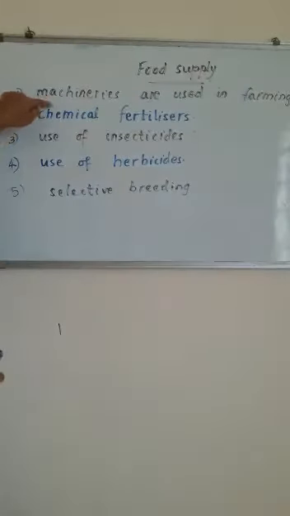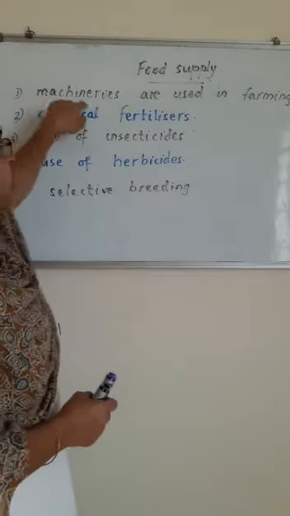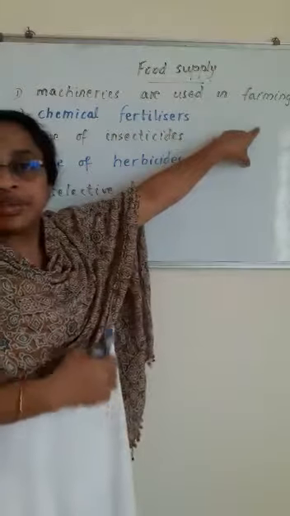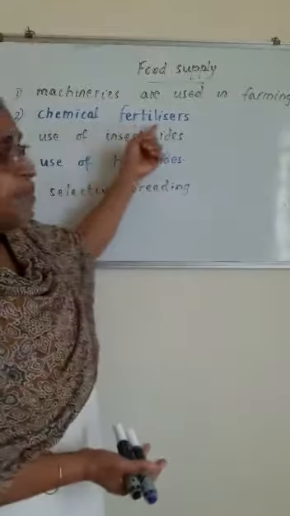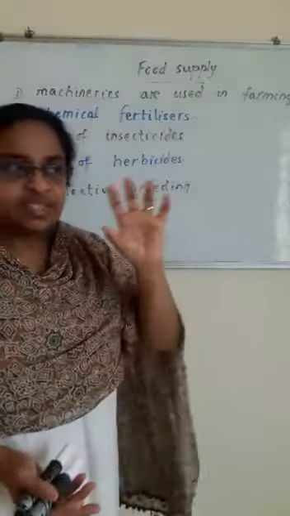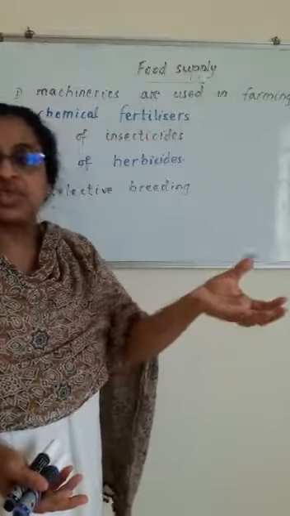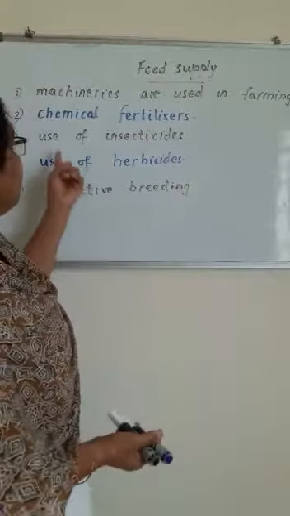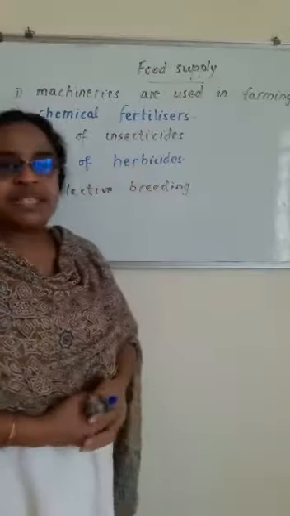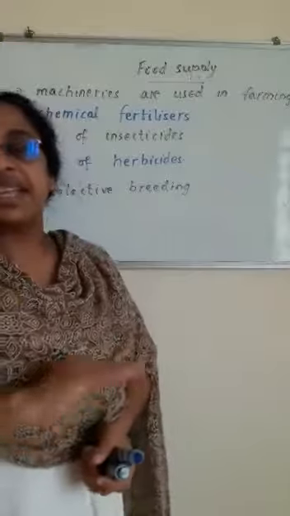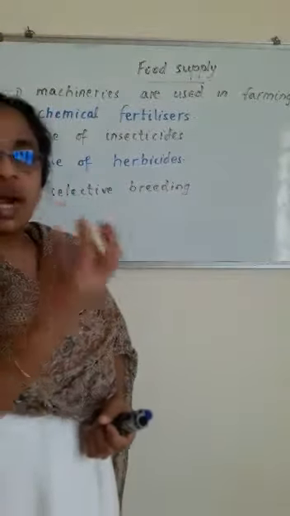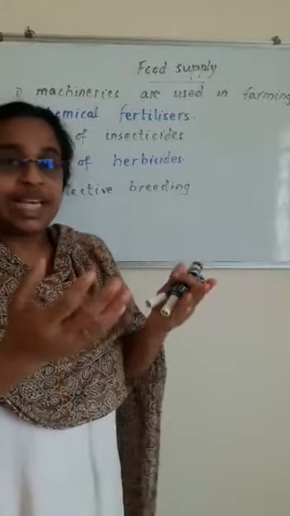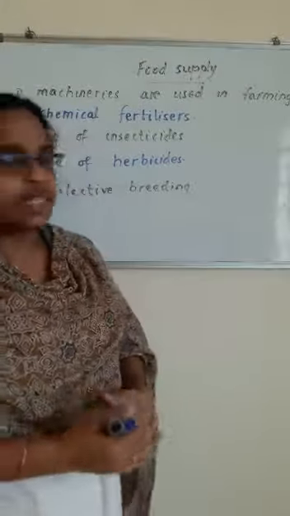First is, modern technology has given more machineries which are widely used in farming. Then chemical fertilizers which give extra nutrients to the plant so that we can get more yield. Insecticides and herbicides kill the insects and unwanted plants in the farms so that we will get yield with more quality and quantity.